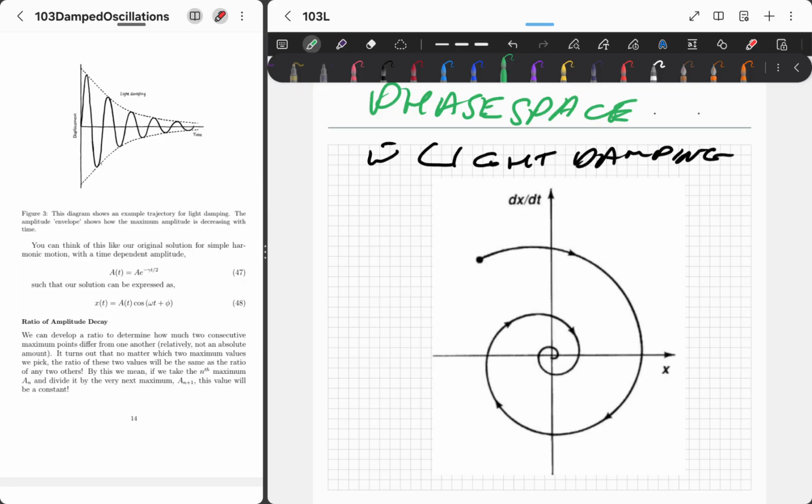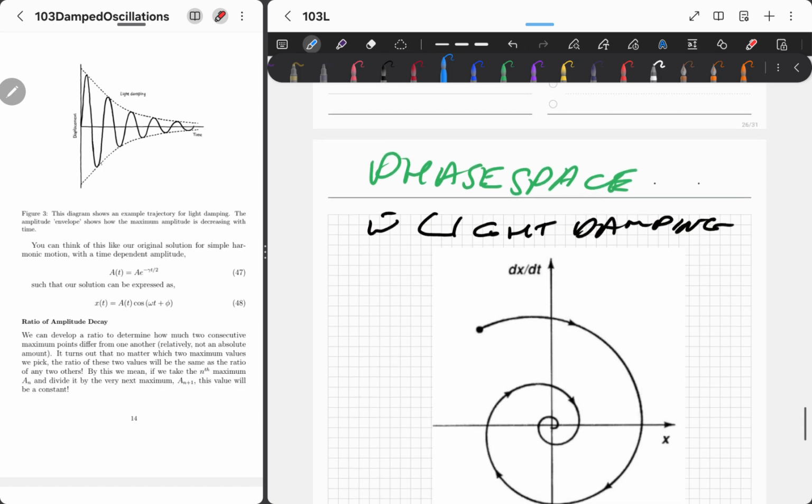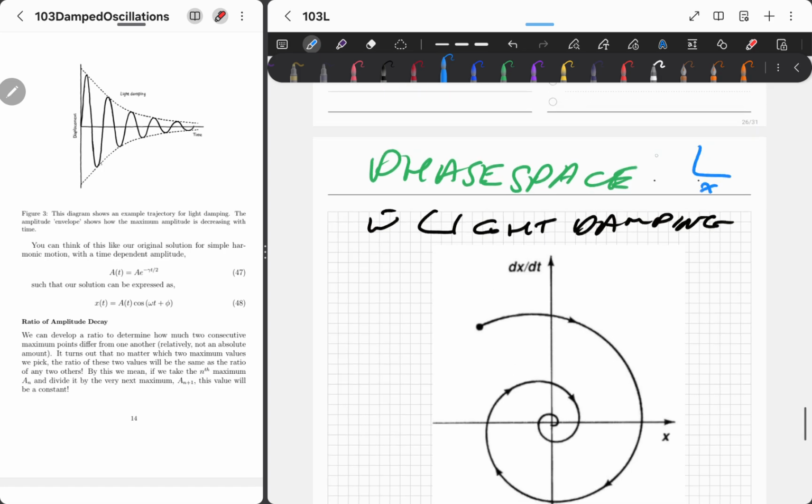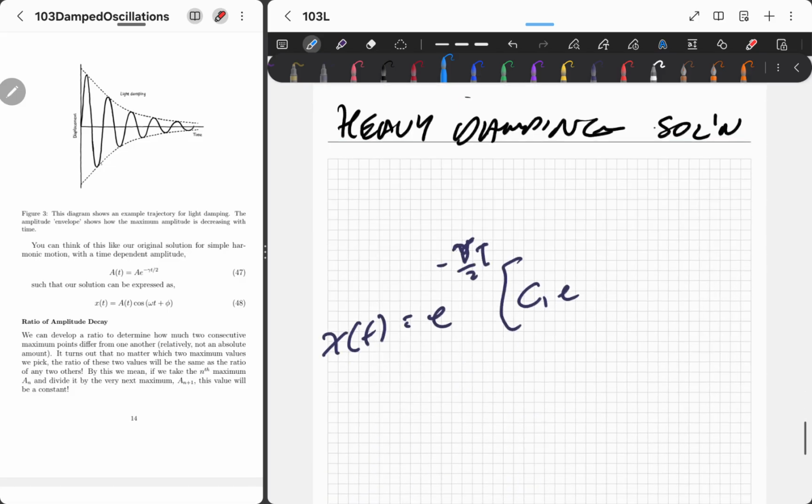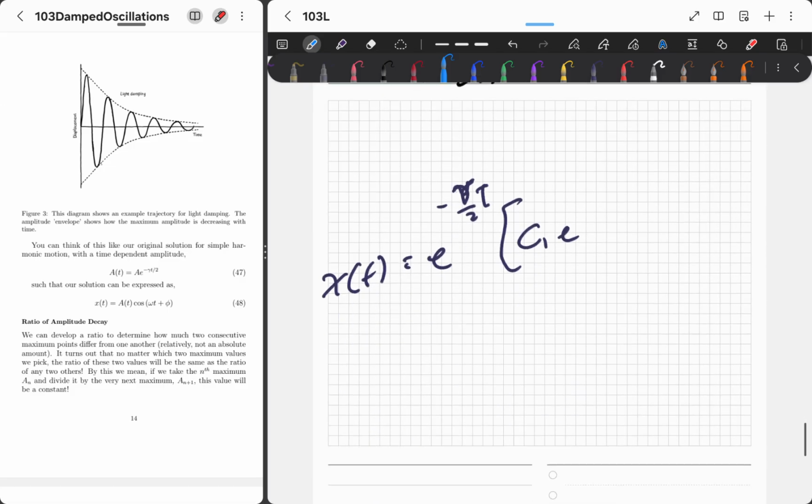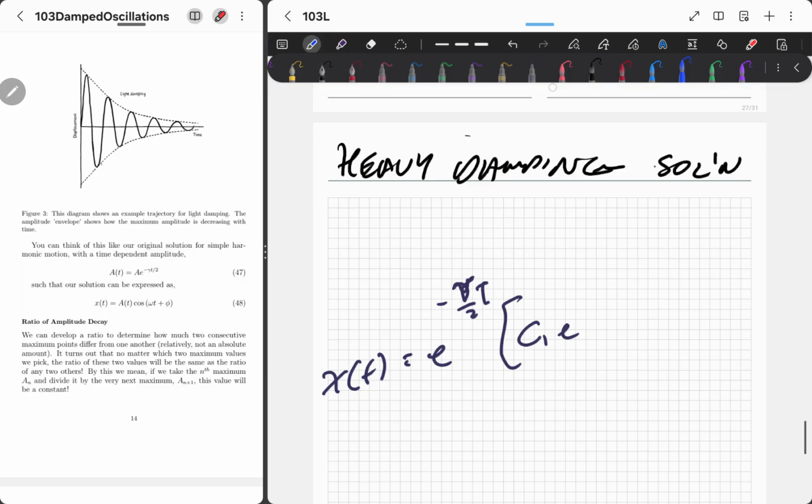Now let's talk about the other two. Heavy damping. Here's the solution. So for heavy damping, we have omega imaginary. You can think of heavy damping as being the lazy solution.